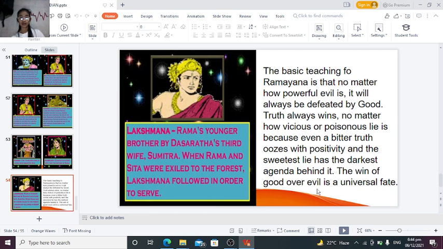The win of good over evil is a universal faith. So, ulitin ko dito sa part na to. Truth always wins, no matter how vicious or poisonous a lie is, because even a bitter truth oozes with positivity, and the sweetest lie has the darkest agenda behind it.